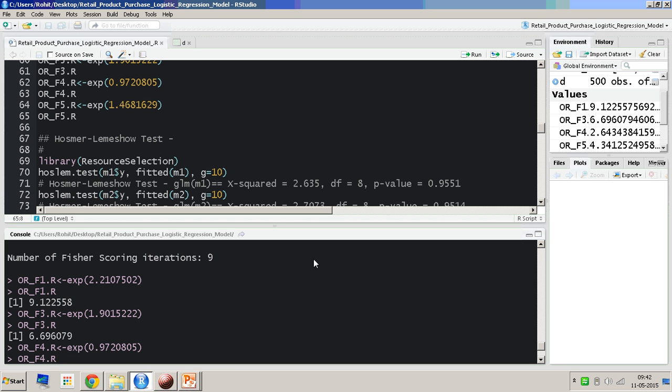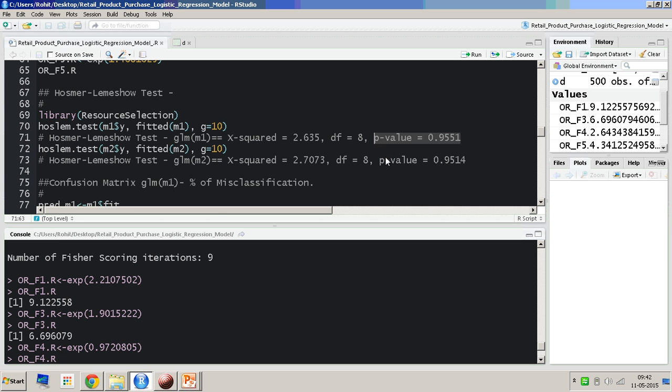We also want to look at the Hosmer-Lemeshow test. The Hosmer-Lemeshow test would give us p-values and a chi-squared value with certain degrees of freedom. Basis these p-values, we will go ahead and judge whether a particular variable is significant within our model or not, and if it is not, we can go ahead and drop that variable. Also, we can look at the entire model and see if that particular model is significant or not.